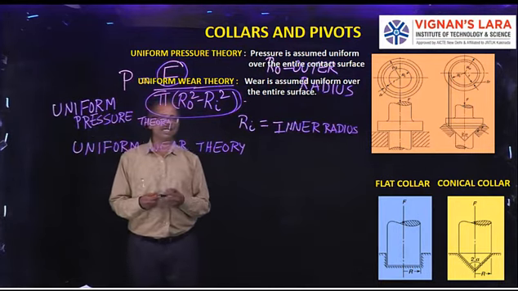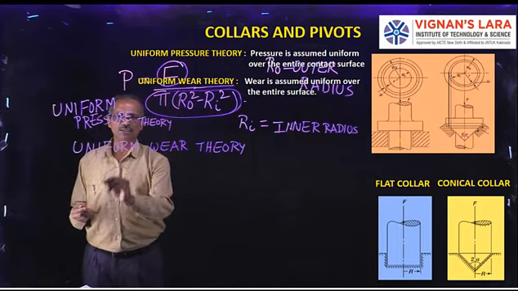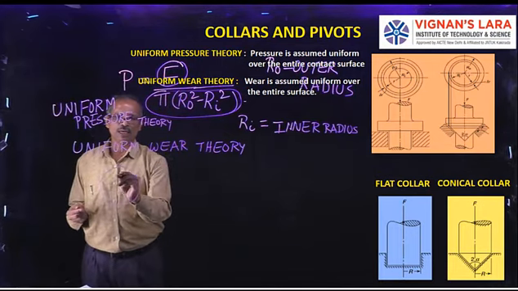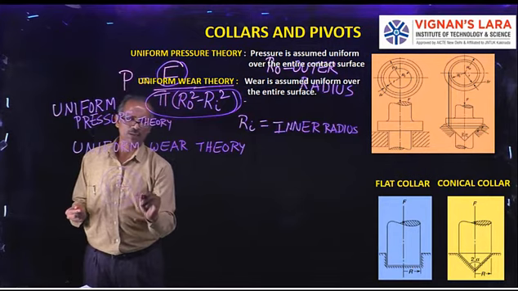Suppose you take a circular surface, where this is Ri and this is R0.